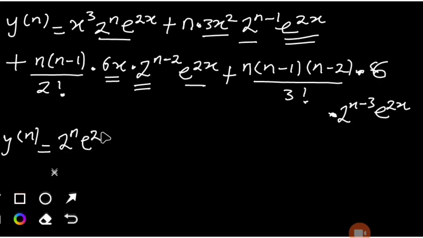I open a bracket. In this case, 2 raised to the power n is out, exponent of 2x is out. So I'm left with just x cubed. Then, since 2 raised to the power n and exponent of 2x are out, I'm left with 3x squared.